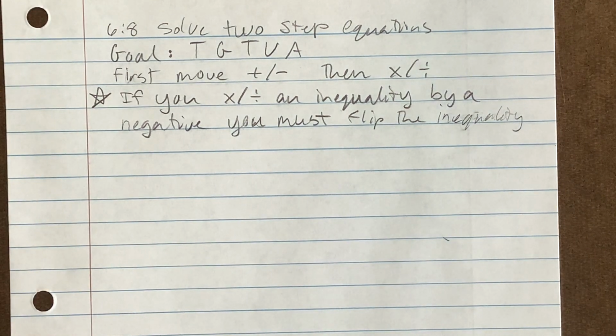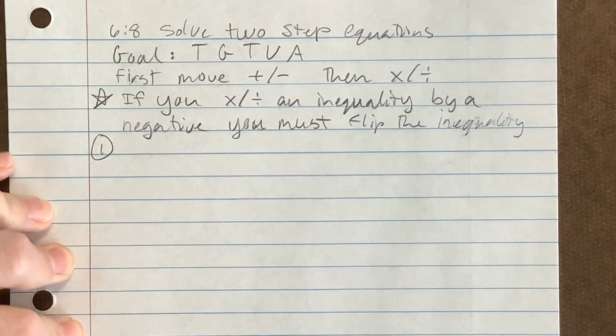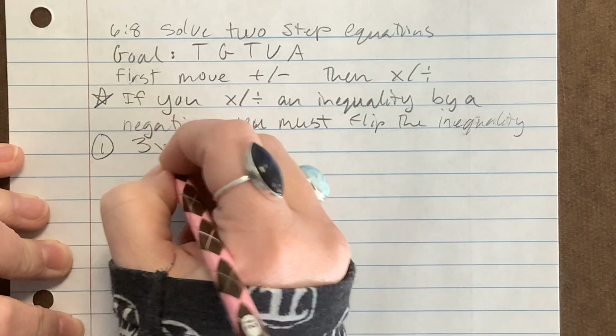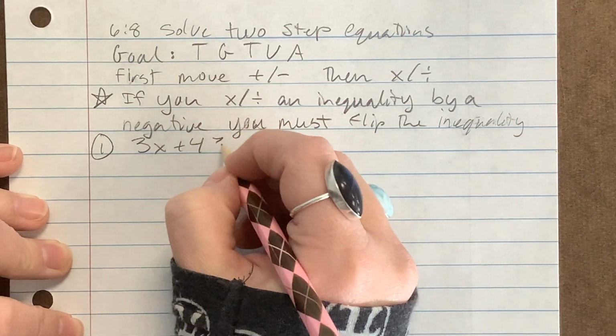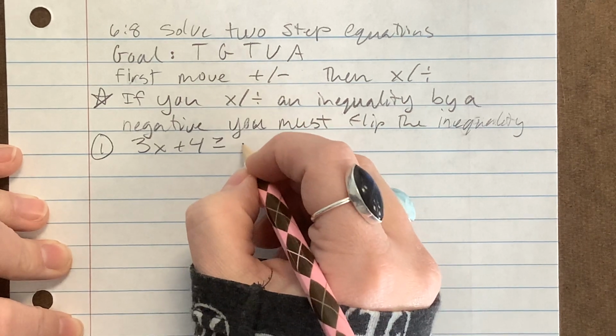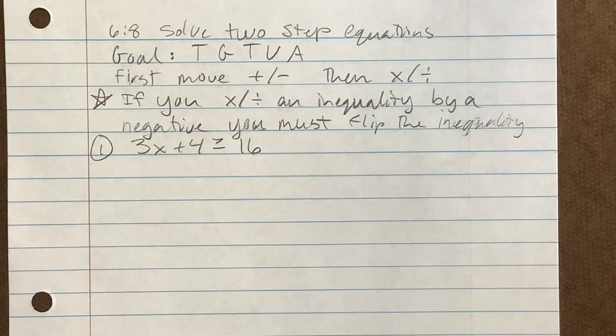We're basically taking everything that we've done in this chapter and putting it all together. So let's see what this looks like. All right, we're going to start with 3x plus 4 is greater than or equal to 16.